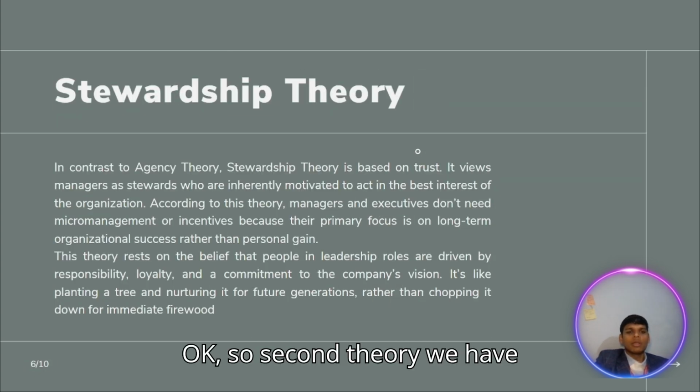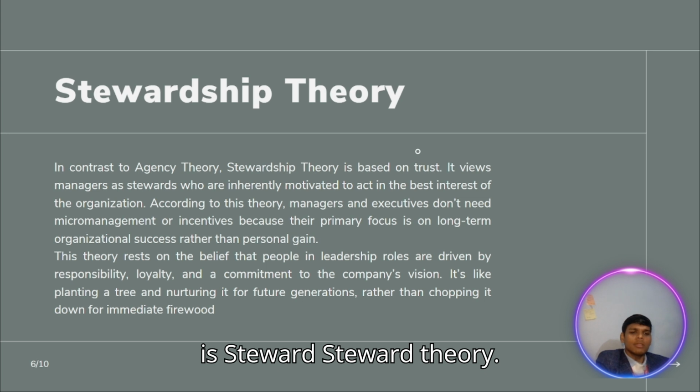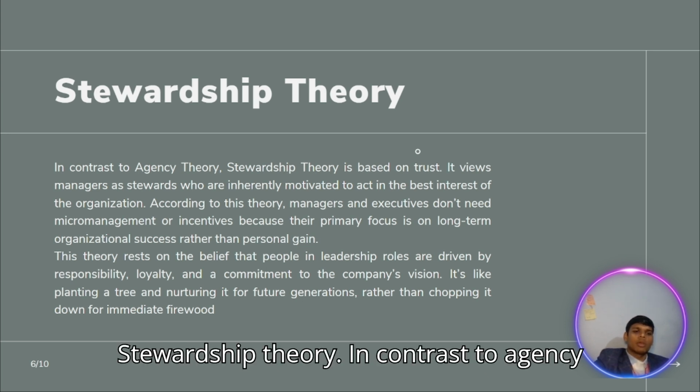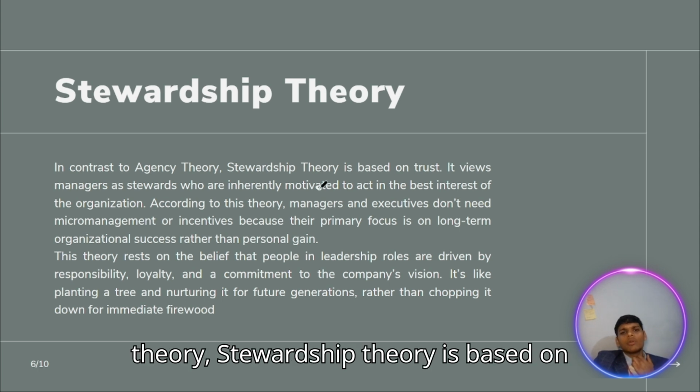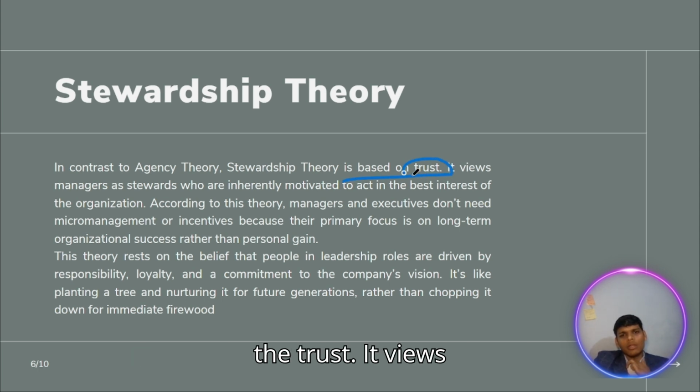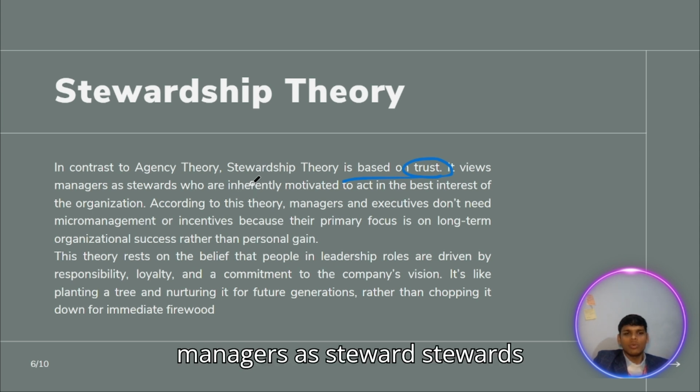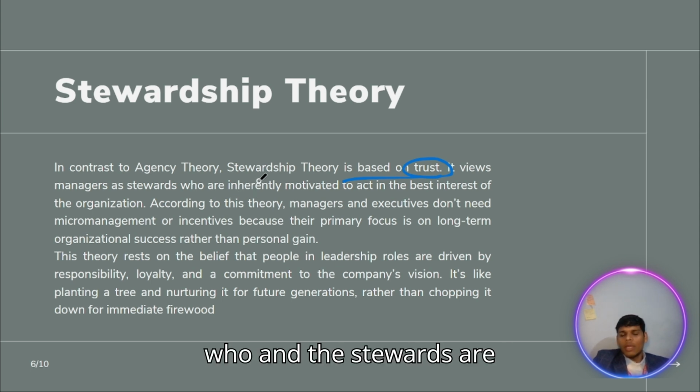Okay, so the second theory we have is stewardship theory. In contrast to agency theory, stewardship theory is based on trust. It views managers as stewards, and the stewards are self-motivated to act in the best interest of the organization.